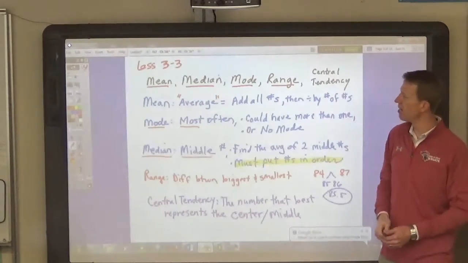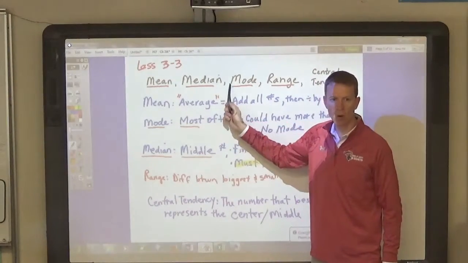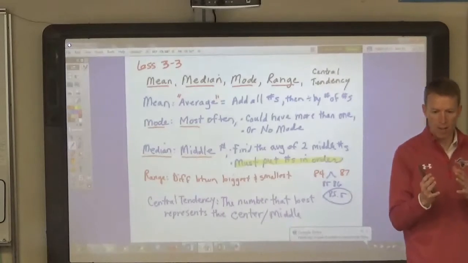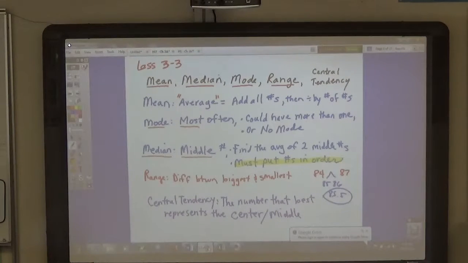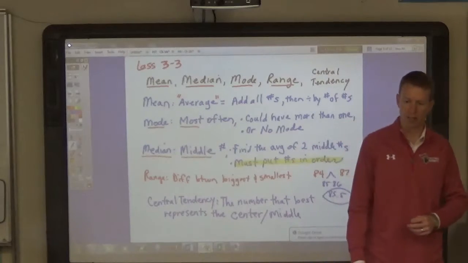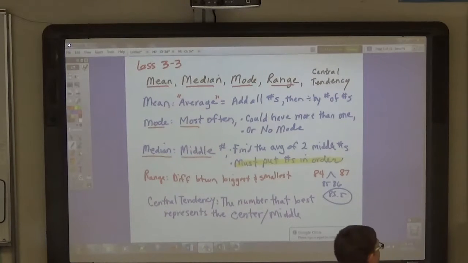And what that question means is, which one of these numbers, either the mean, the median, or the mode, best represents the middle of the set of numbers? You might choose the mean because it is the exact middle value. It might be the median. It's generally not the mode, but sometimes it's the mode. You have to decide which of those numbers best represents the middle value in the data set. Okay?